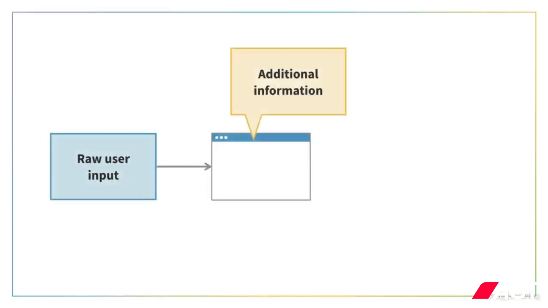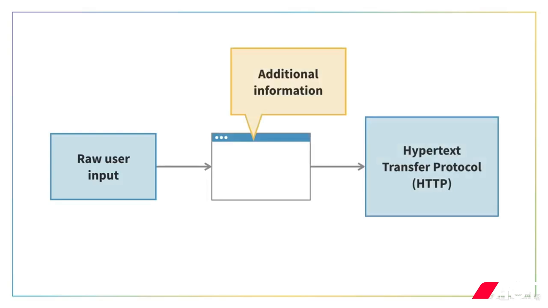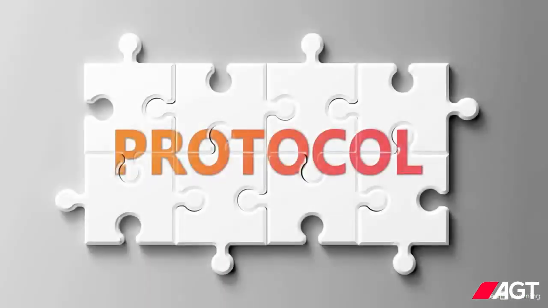Before handing the raw user input to the OS, the web browser adds more information and converts it into a hypertext transfer protocol or HTTP request. Each type of network application uses different rules of engagement when communicating with each other, which are referred to as protocols.